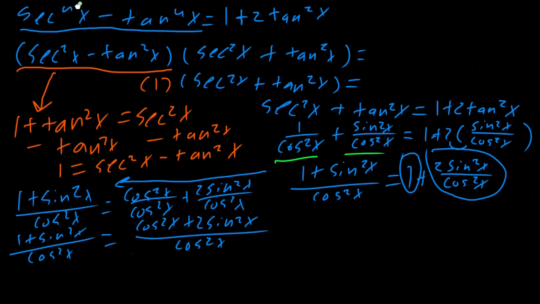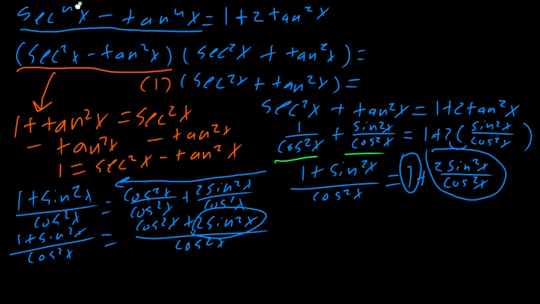So right now it seems like we're stuck, but if we rewrite 2 sine squared of x as something different, then we're gonna get our answer.